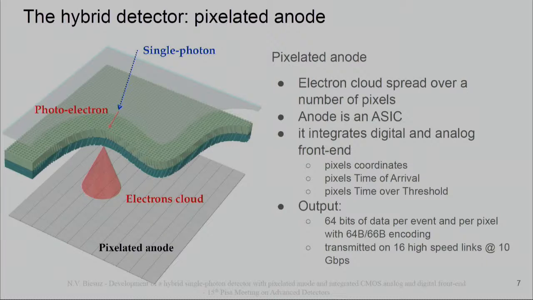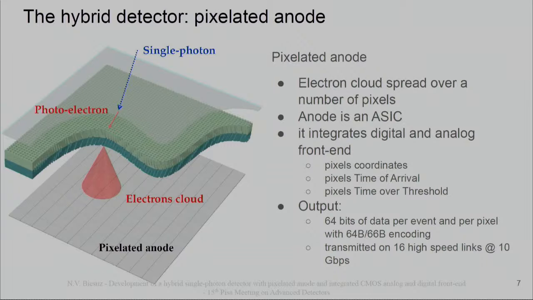Below everything, you will have an electron cloud that is read out directly by the pixelated anode. Of course, the cloud will spread over a number of pixels, so you will have clusters, and this is quite important, as you will see later.